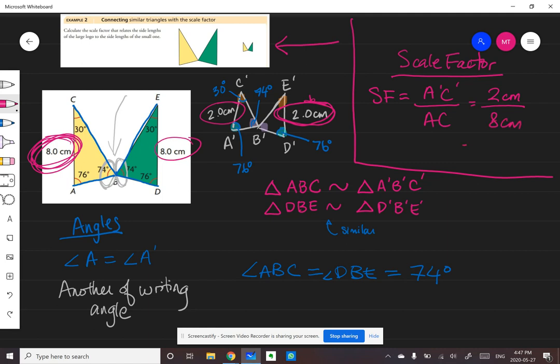And if I want to reduce that as a fraction, then our scale factor here is actually 1/4. Another way of phrasing that is that the large logo is 4 times bigger than the small one, or I could say the small one is 1/4 of the original, or I could say that the sides of the large logo have been multiplied by a scale factor of 1/4 to reduce it to the small one.